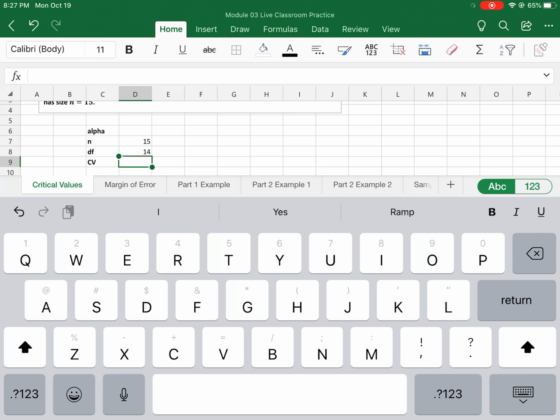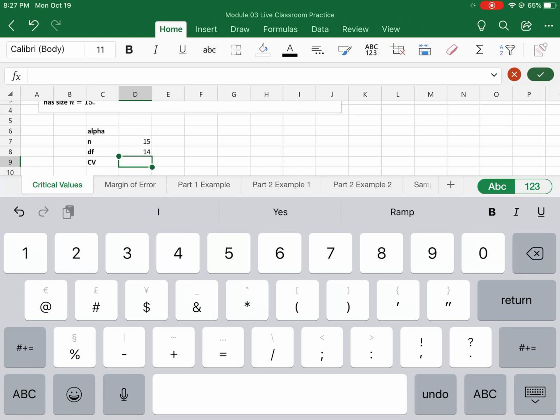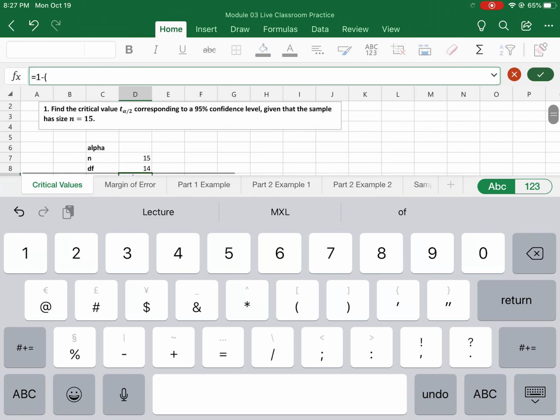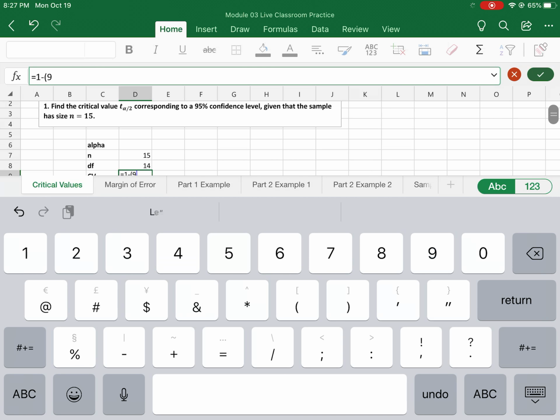So step 2, and again, I'm just referring to slide 13, what I was just on. I need to calculate my alpha. So remember, your alpha is 1 minus the confidence level divided by 100. Okay, so I'm going to go in here. So equals 1 minus, okay, and I'm going to put this in parentheses. So it's my confidence. So in this case, we have 95% confidence.